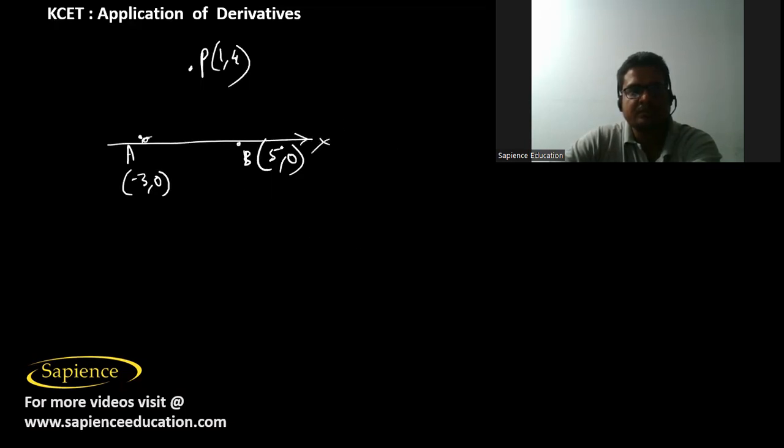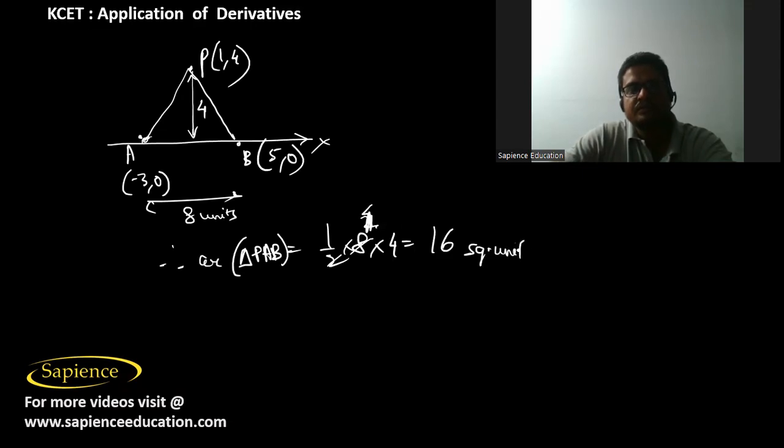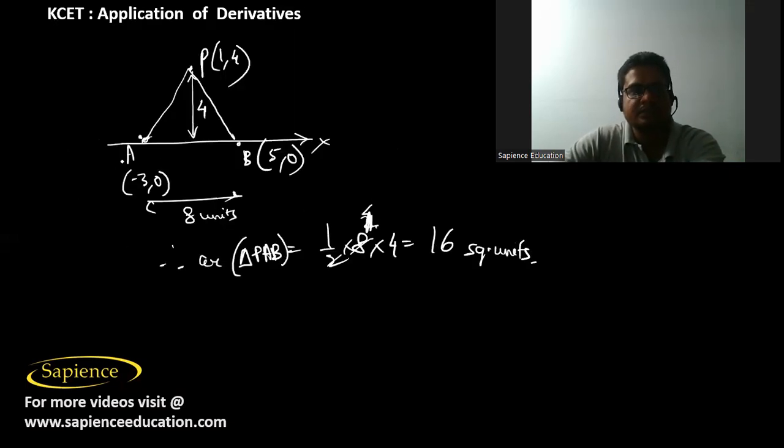Now this is the x-axis obviously, and so this height is 4 units, and the base length AB will be 8 units. So therefore the area of triangle PAB will be equal to half into base into height. So 2 4s are 8, so 4 4s are 16 square units. So option 1 is the correct answer.